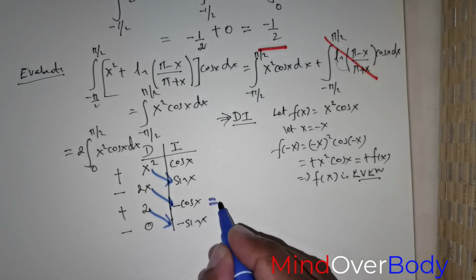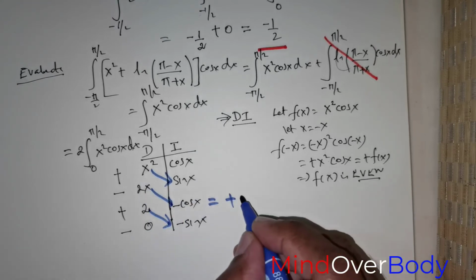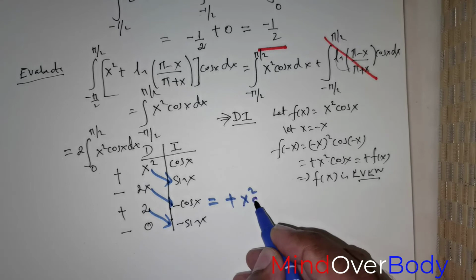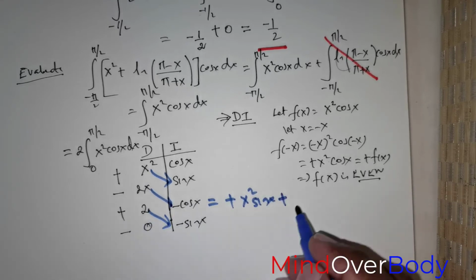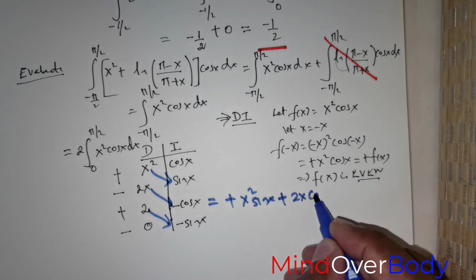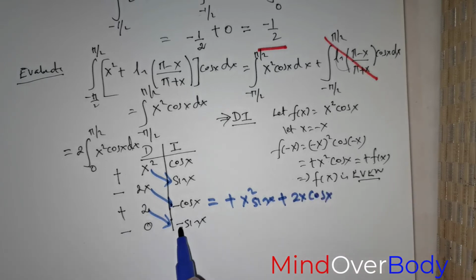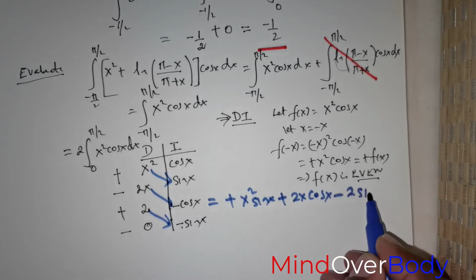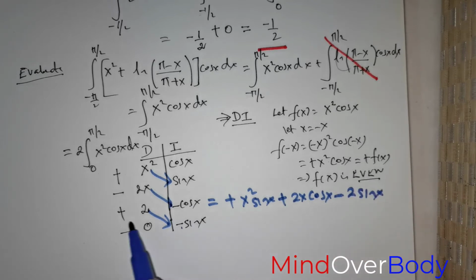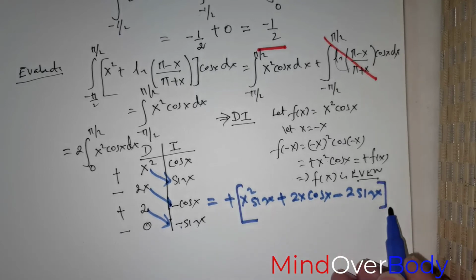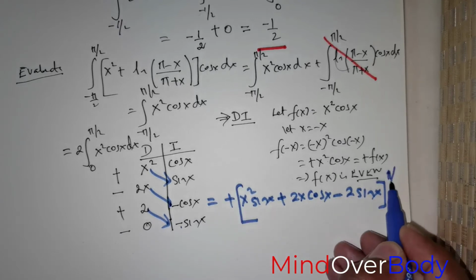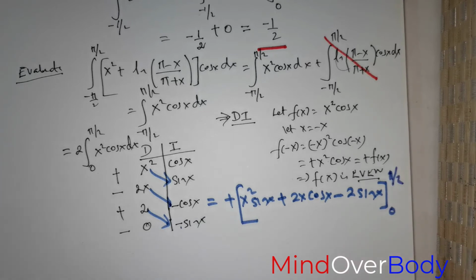So this is equal to positive x squared times sin x, negative of 2x times cos x, positive of 2 times negative sin x, right? Because of the presence of the positive sign, positive times negative will give me negative. The limits are actually from 0 to pi over 2, so we need to place those limits.